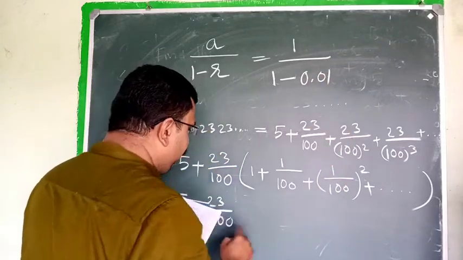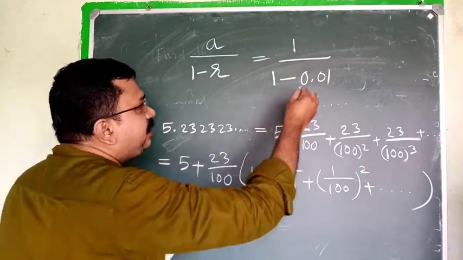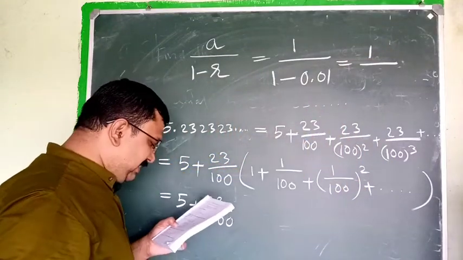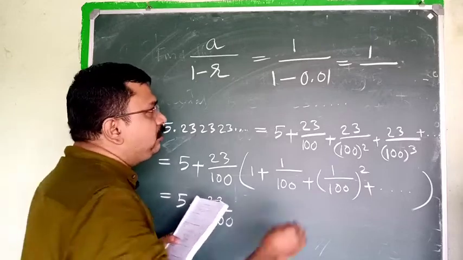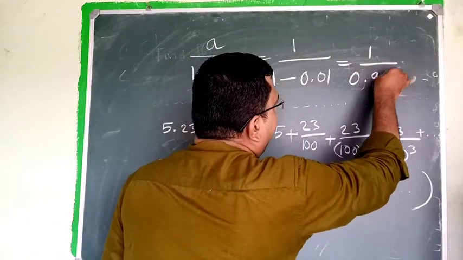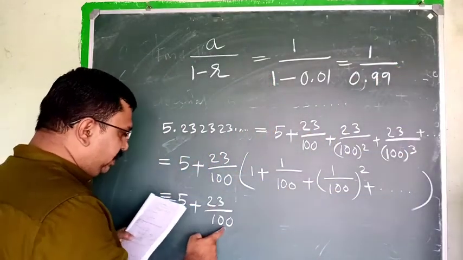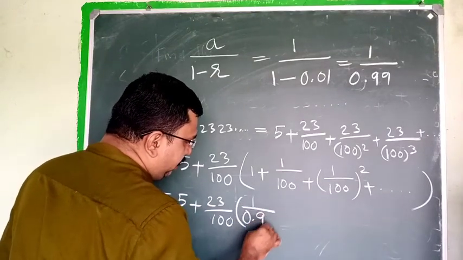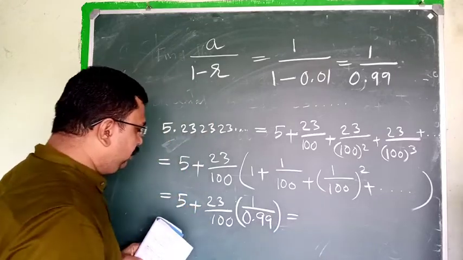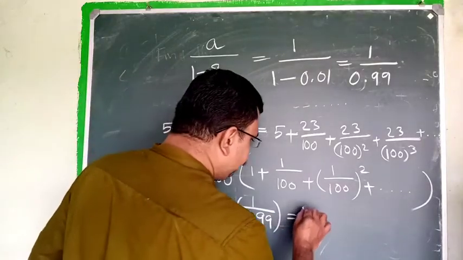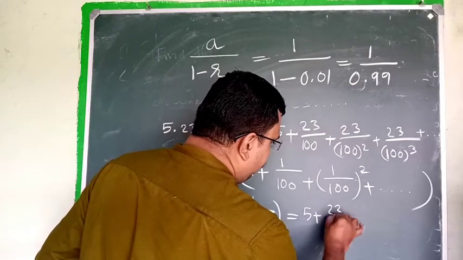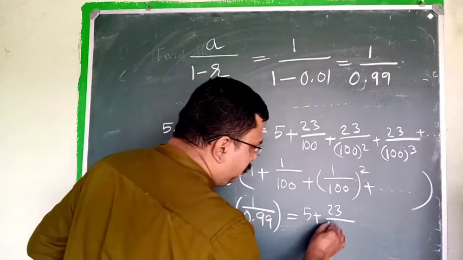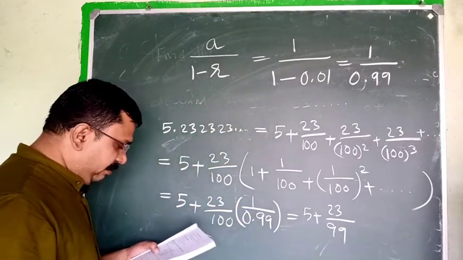1 by 100 is 0.01. Therefore, it will become 23 by 100 into 1 divided by 1 minus 0.01, that is equal to 0.99. Therefore 23 by 100 into 1 by 0.99, which is equal to 5 plus 23 by 100 into 0.99, that is 99. 23 by 99.